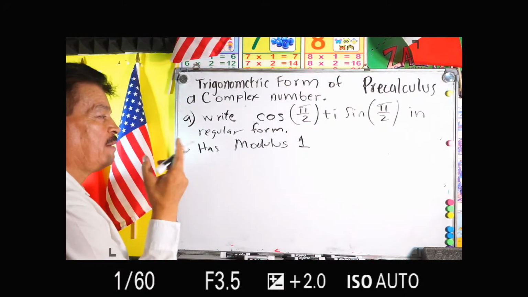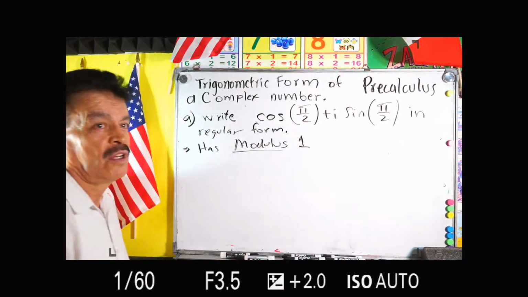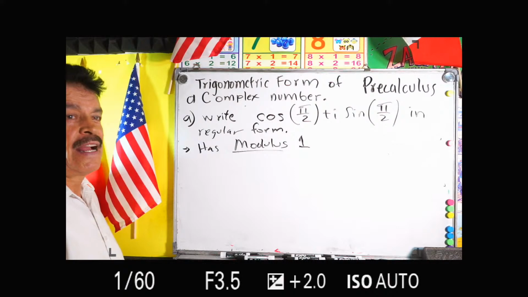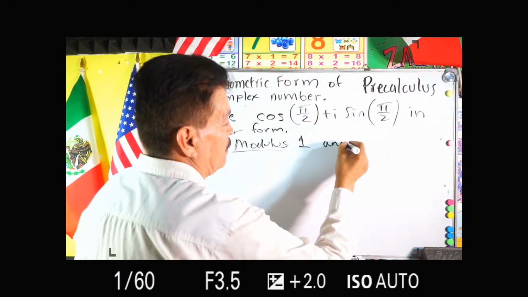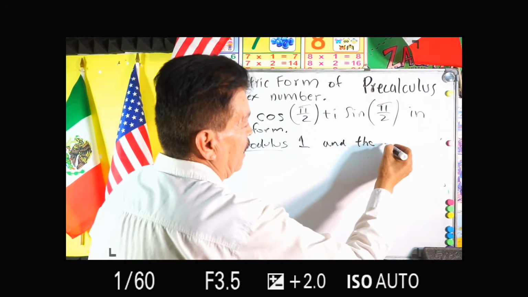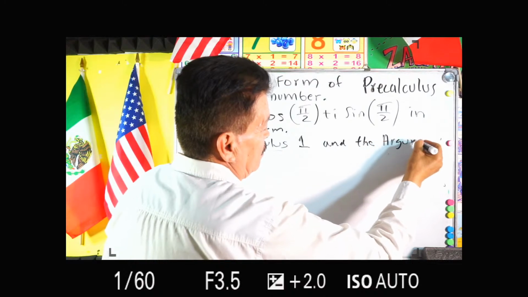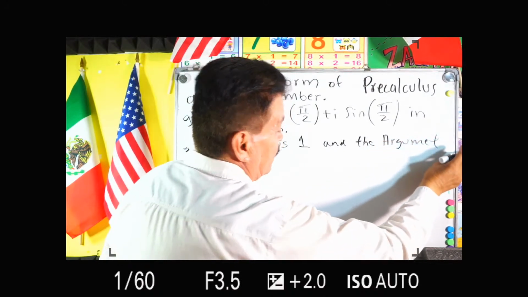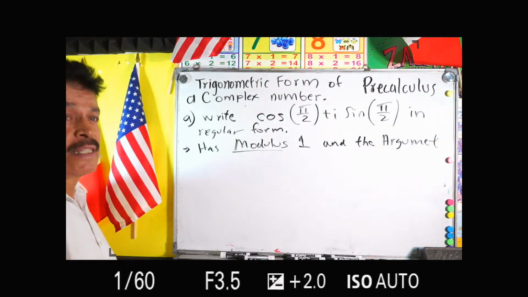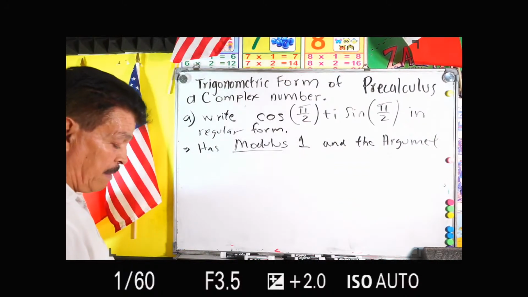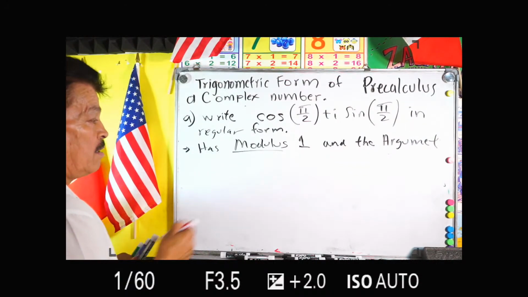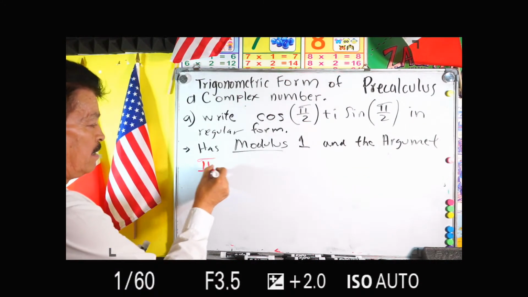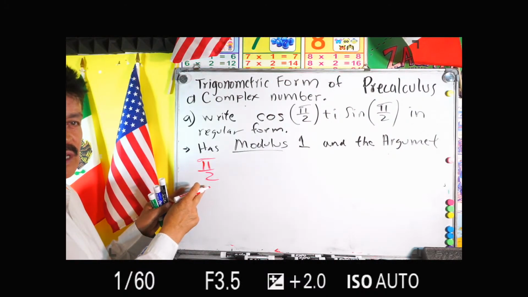The modulus is 1, and the argument is pi divided by 2. It's very important.